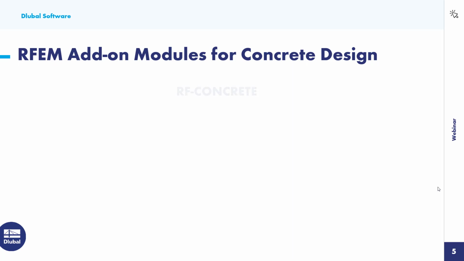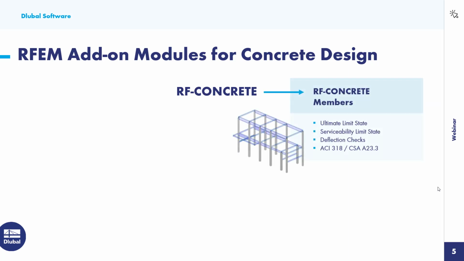But we also have the RF-CONCRETE add-on modules embedded within RFEM, and RF-CONCRETE consists of a couple different add-on modules. The first is RF-CONCRETE Members. This will perform an ultimate and serviceability limit state design for 1D member elements, beams and columns.